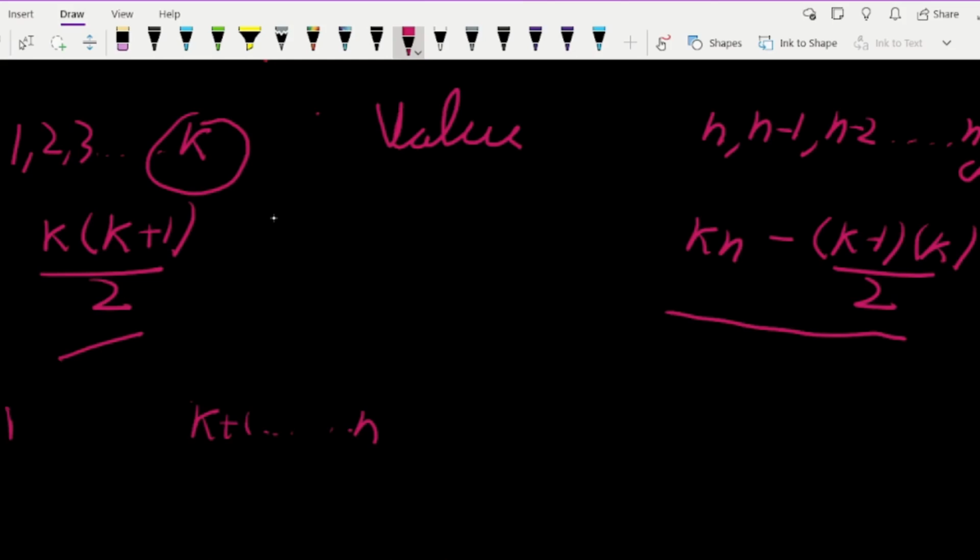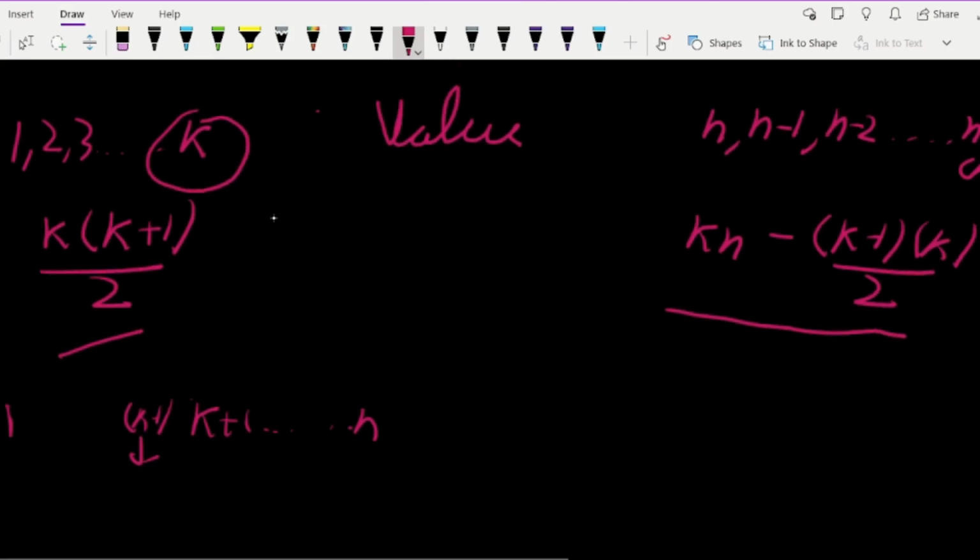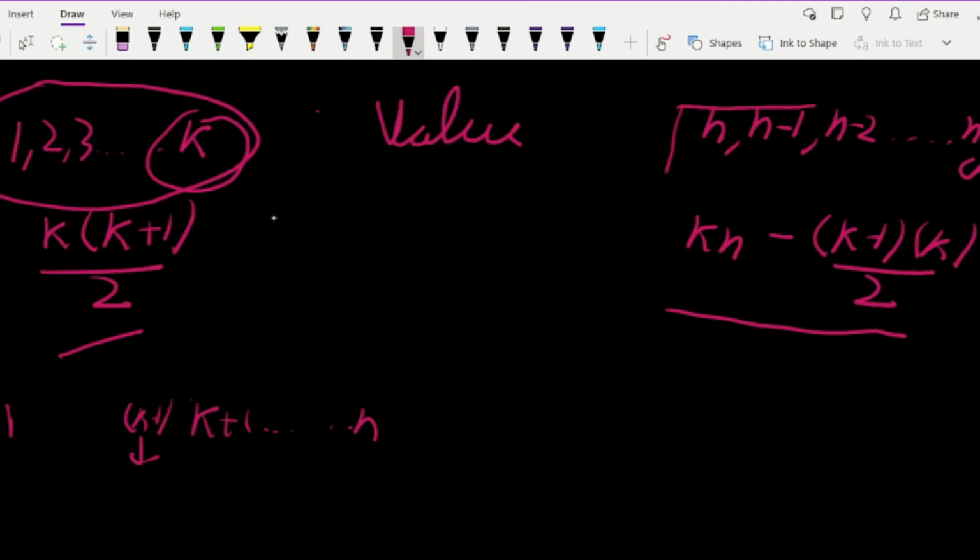Similarly, for this k minus 1, if we keep increasing from k minus 1 to k, and extend it to n minus 1, then at each step we are just increasing the overall sum by 1. So in this way, from this state to this maximum value state, we can reach step by step with a step value of 1. I hope you are getting it.